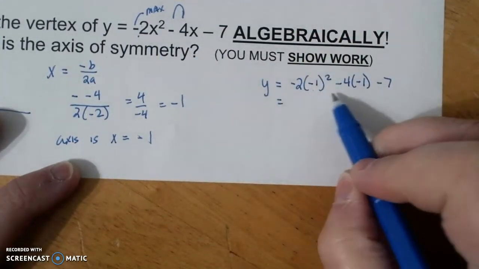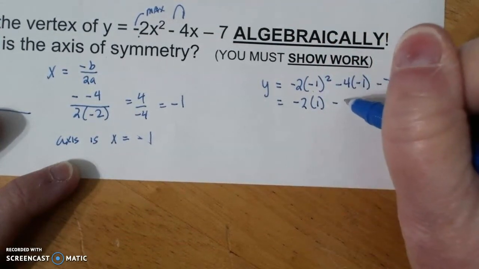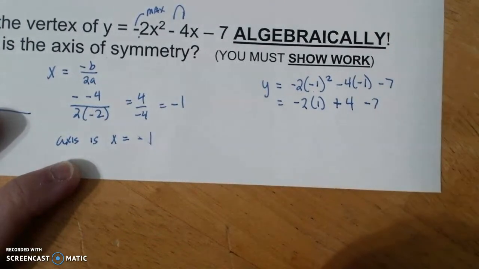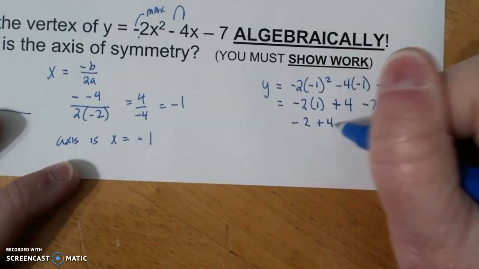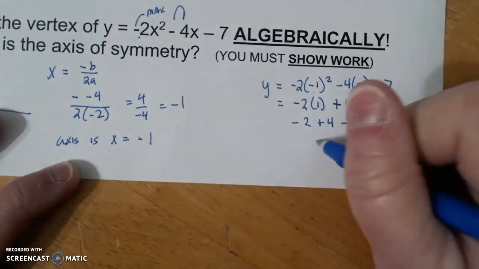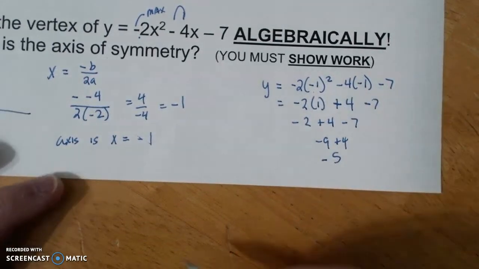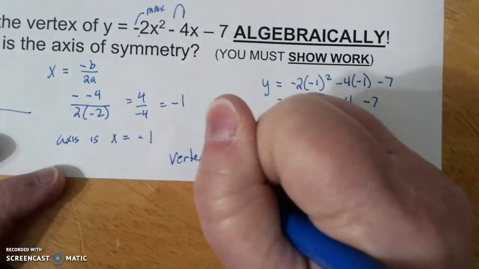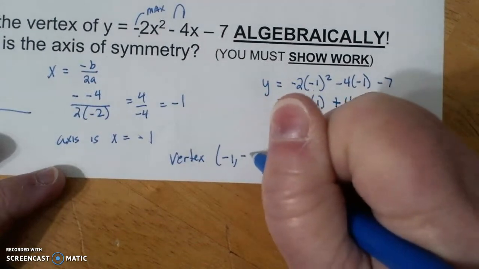So make sure parentheses are your friends. Negative 2 times 1, minus, that's all plus 4, minus 7. Negative 2 plus 4 minus 7, negative 9 plus 4, negative 5. So my vertex is at negative 1, negative 5.